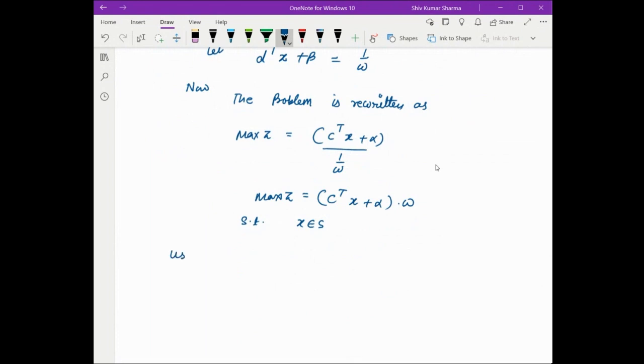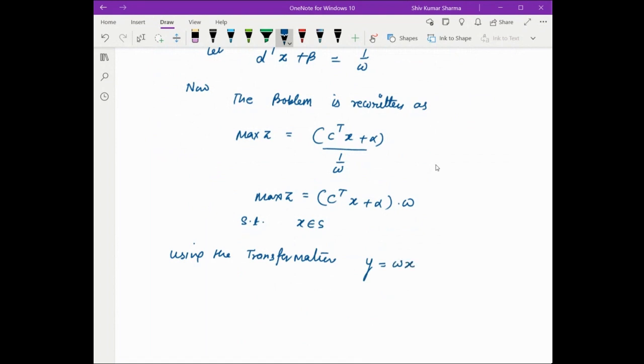Using the transformation, suppose y equal to omega x.